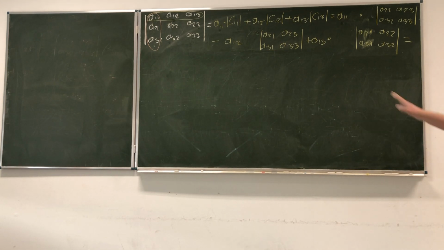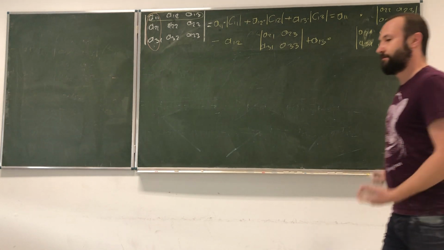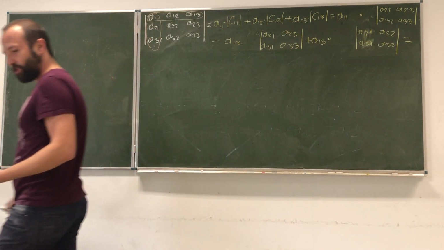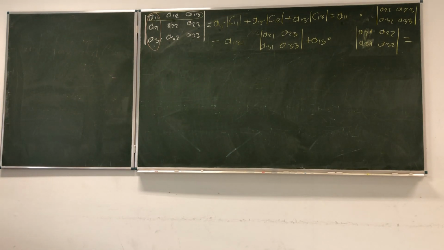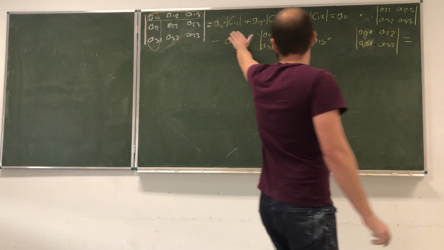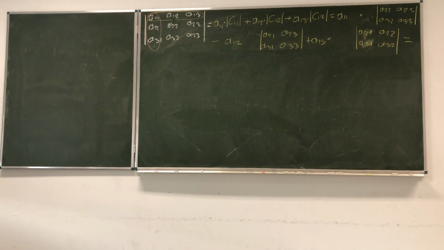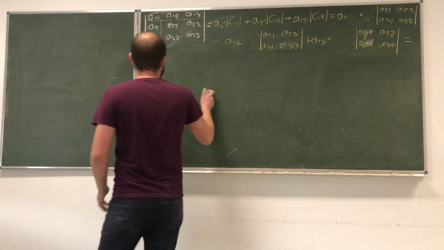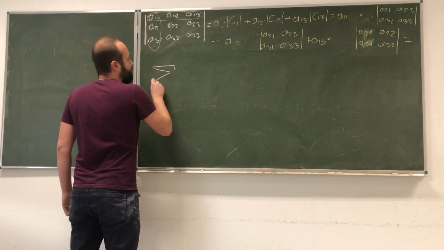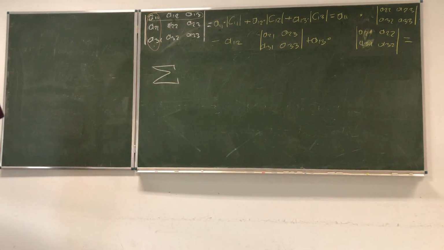Okay, but before we go into examples, we need to figure out a formal definition of Laplace expansion. How do we do it? Okay, and look, again, this is something that definitely can be written down using some symbol.